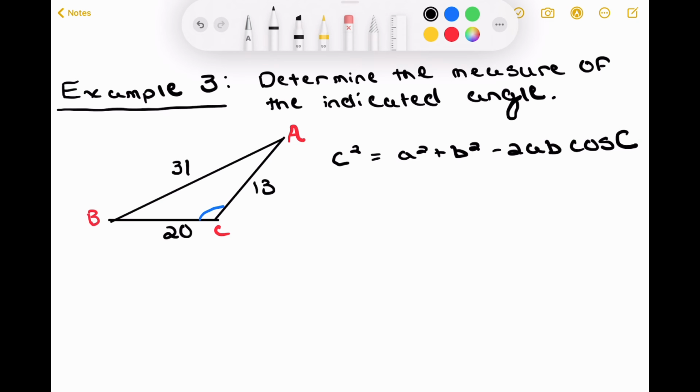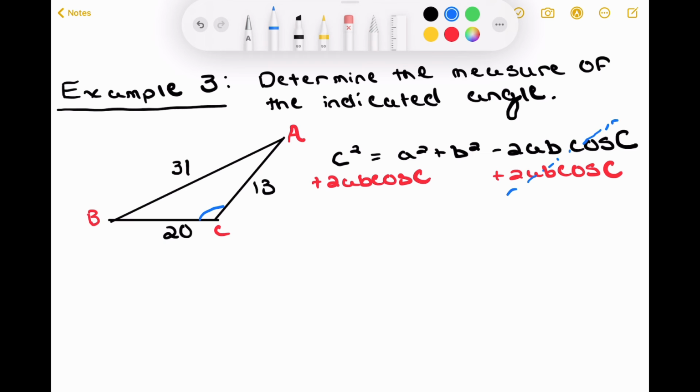Now let's do what we did before in example 1, where we just isolated for that angle variable right away. Instead of plugging in the numbers and then trying to reallocate those numbers, let's just isolate for C right away. So in order to isolate for that, I'm going to add 2ab cosine C to both sides. That's going to cancel it off the right-hand side here.